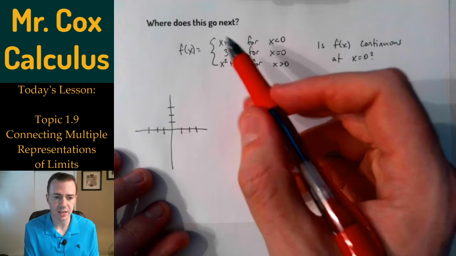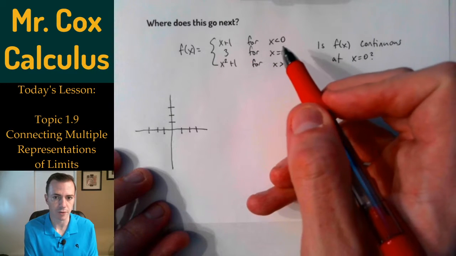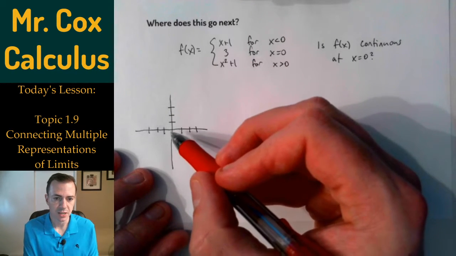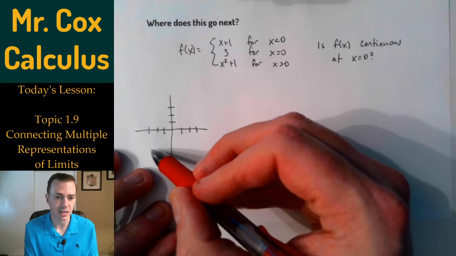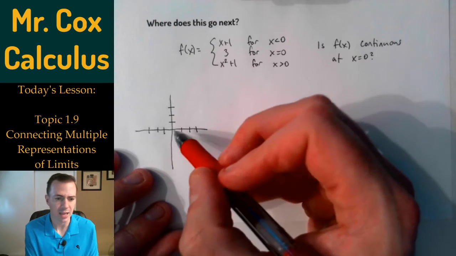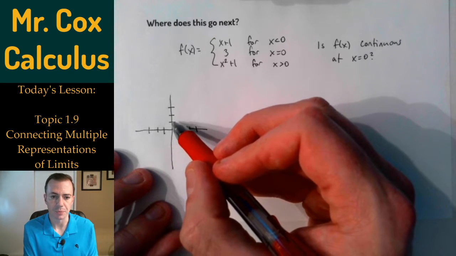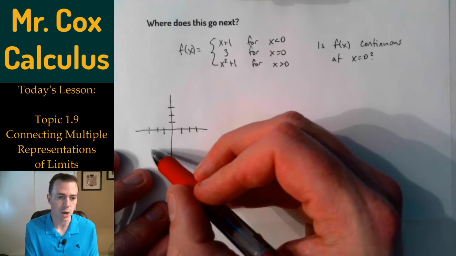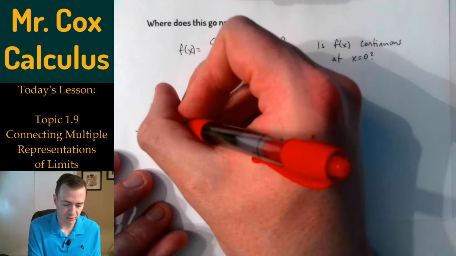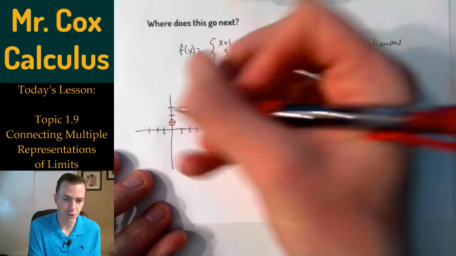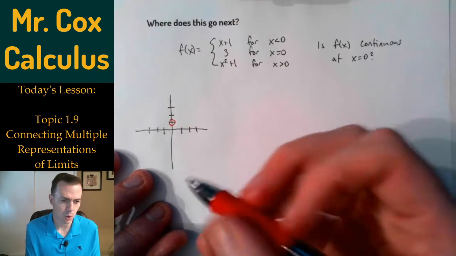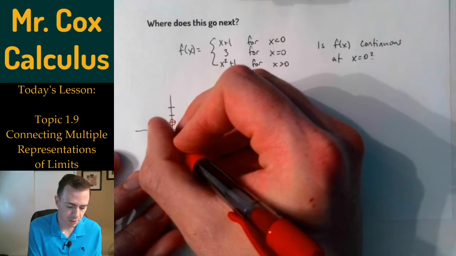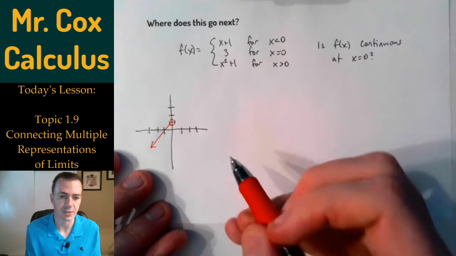It behaves like the linear function x plus 1 for all negative values of x. So I'm going to be graphing a ray that has a y-intercept of 1, a slope of 1, but because it's x strictly less than 0, I'm going to have this open point right there at what would be the y-intercept, and so I have something that looks like that.